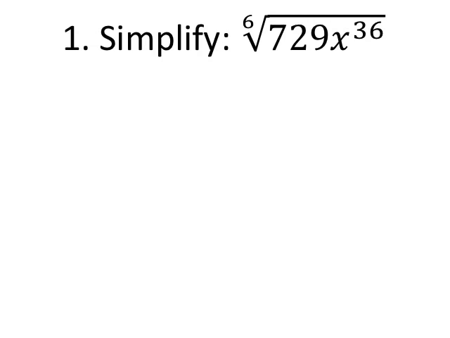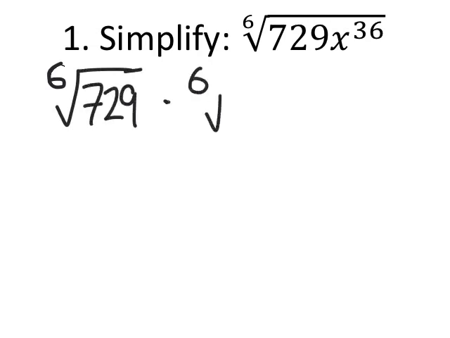Now, just simplifying this though, we'll use the rules of roots or radicals, whatever you want to call them, to split this up. So we're going to take the 6th root of 729, and this is multiplied by the 6th root of x to the 36th.